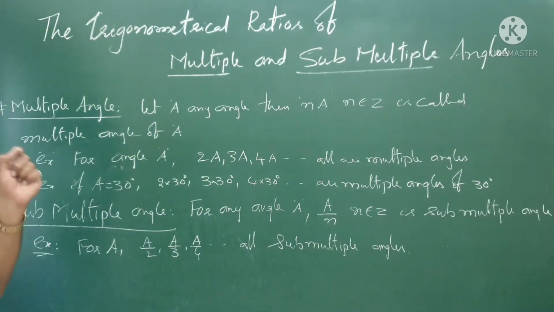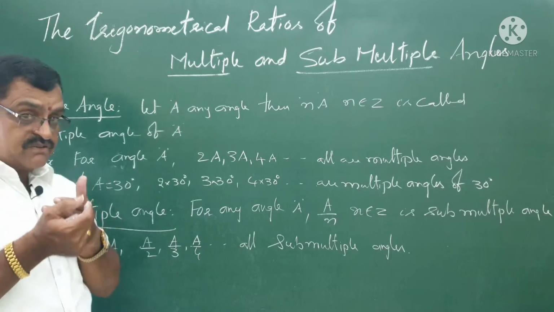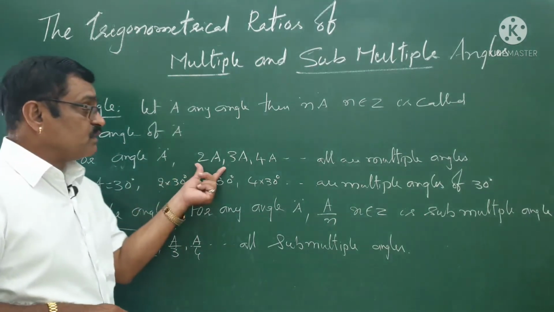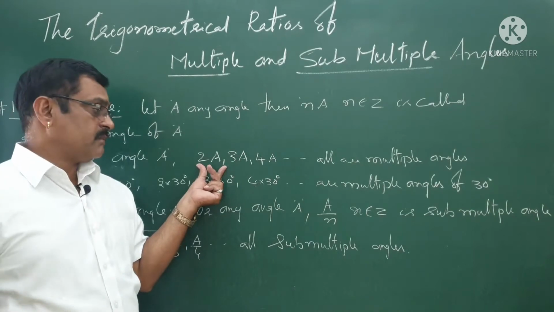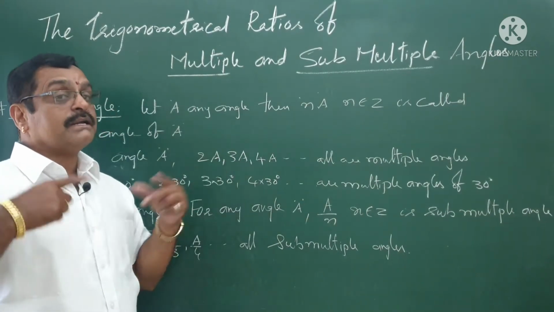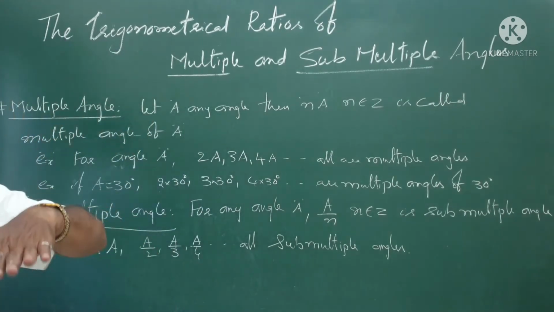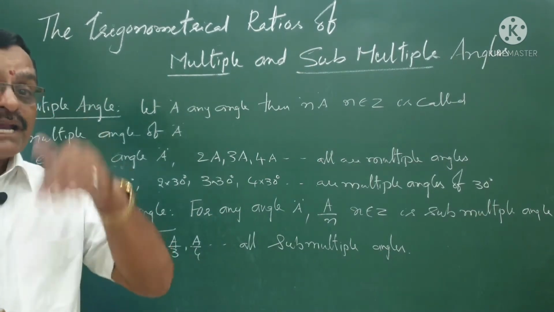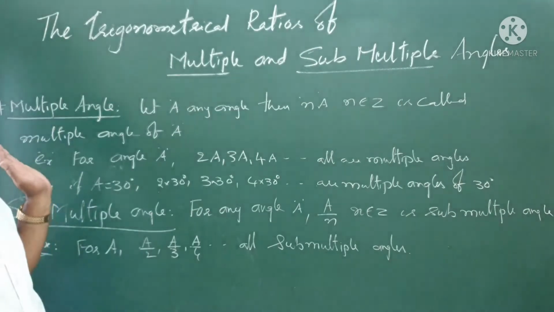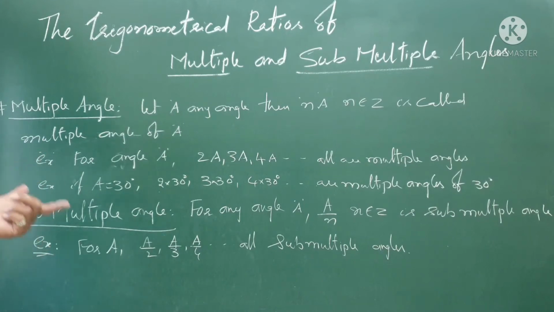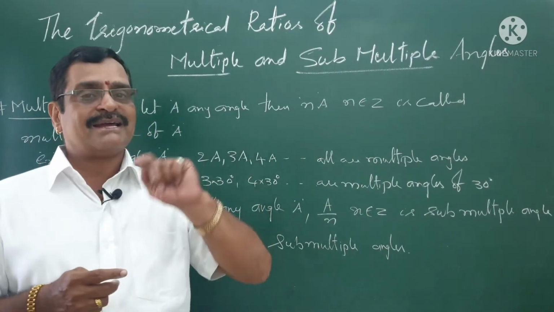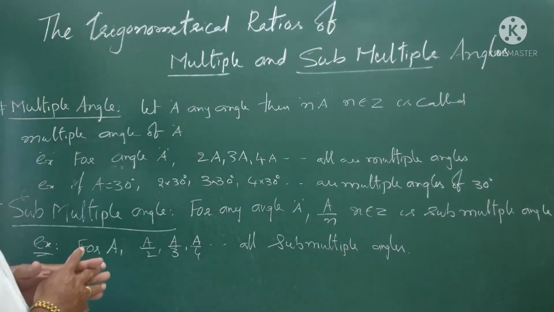Now in this chapter, what are we going to learn? You have to express the value of a trigonometric ratio of multiple angle, for example sin 2A, cos 2A or tan 2A, in terms of trigonometric ratios of that angle A. Again, repeat: the trigonometric ratio of a multiple angle in terms of trigonometric ratio of that angle A. In this chapter we also have some identities.